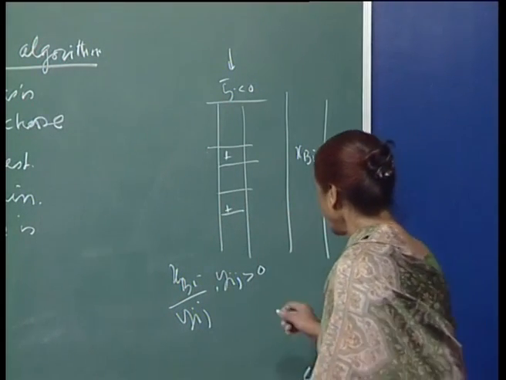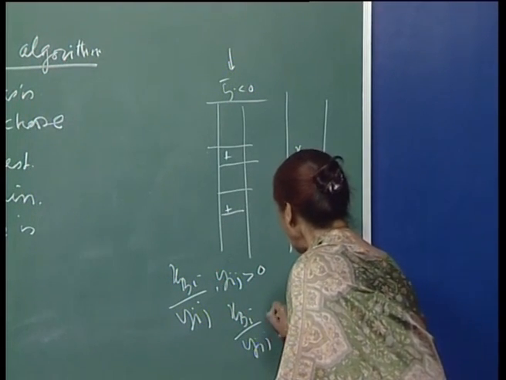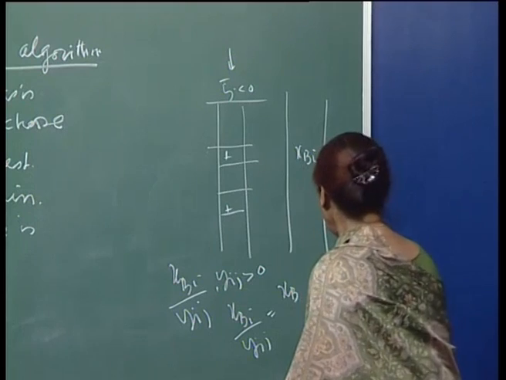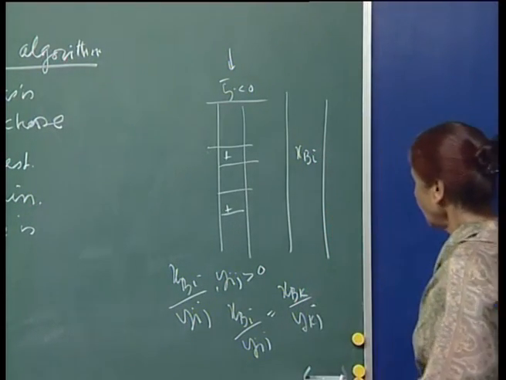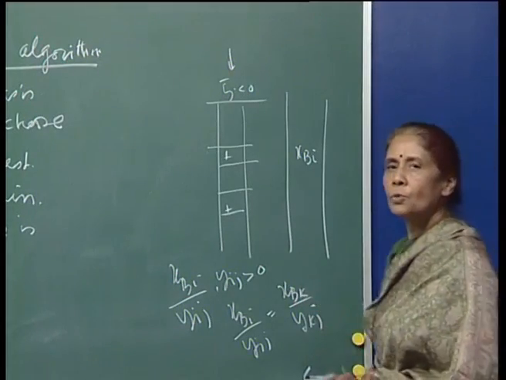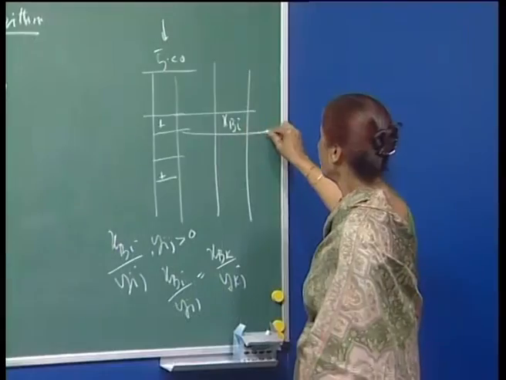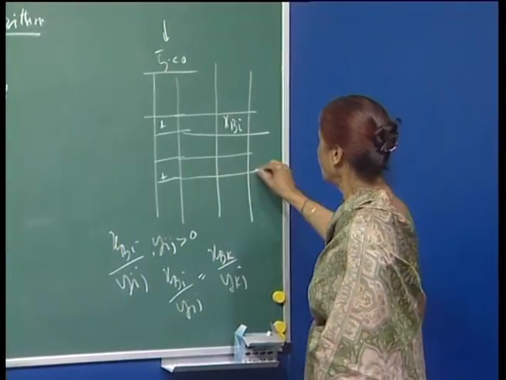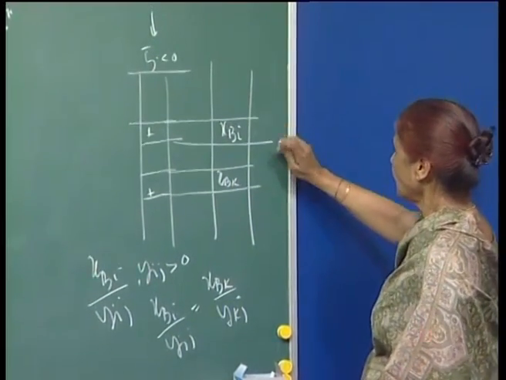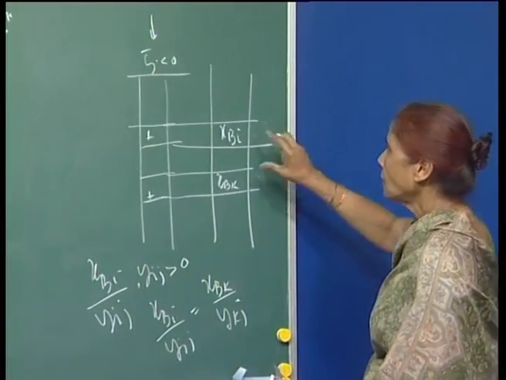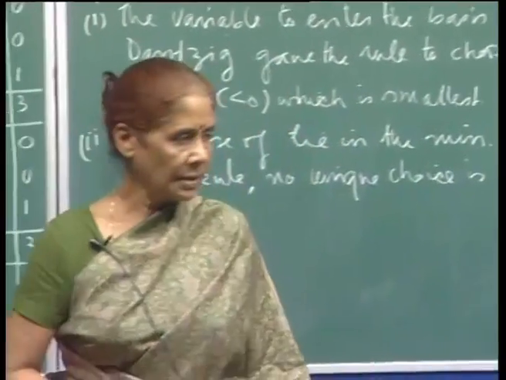Now suppose it turns out that your smallest ratio xbi upon yij is equal to xbk upon ykj. These are the minimum ratios and the two of them are equal. So the ratios here and here are the same, they are the smallest. Now which one should leave the basis? Anyone could leave the basis.